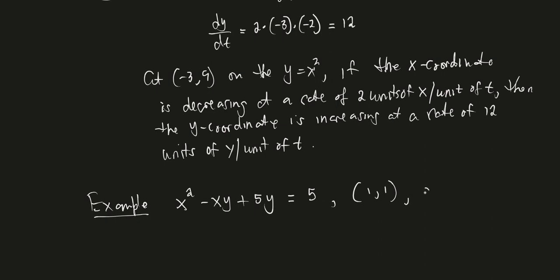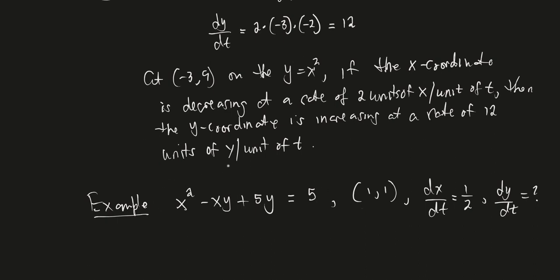And suppose I know that dx/dt is 1/2. The question is, what is dy/dt? What is this rate of change? In a problem like this, in a very basic scenario, you're going to be given an equation.